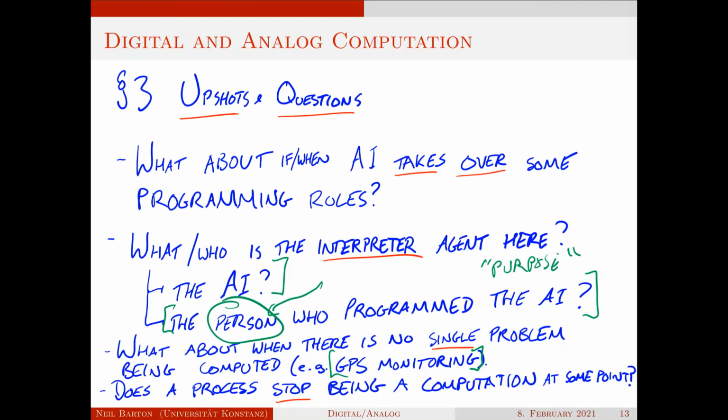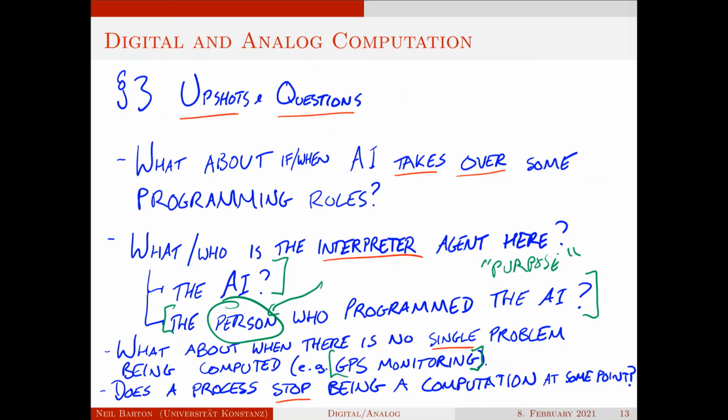Another question we might ask is whether a process can ever stop being a computation at some point, say because we lose interpretive control over it. For instance, in the AI case, you might think that at some point this AI has really run away and started programming stuff that we can't even interpret.